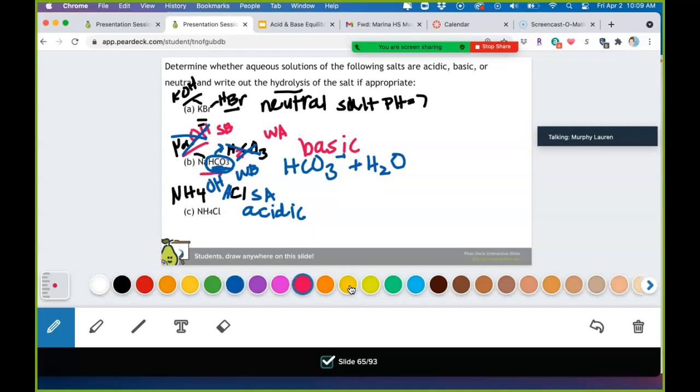So it's going to act like a base. So then it's your job to also know how bases act. They accept hydrogen ions. So from who? The water. If you have trouble seeing this, write water as HOH. So now this guy's going to take in a hydrogen. So you get H2CO3. And then you only have OH minus left.